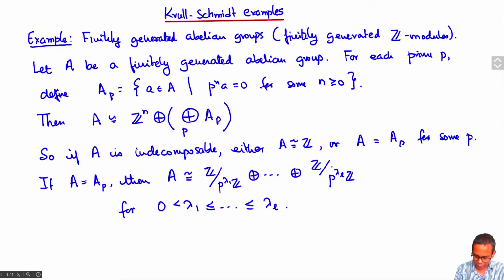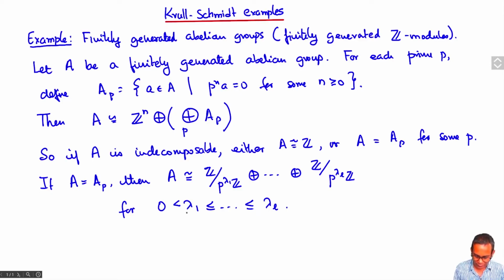Now, in this decomposition, the uniqueness of these integers lambda 1, lambda 2, lambda L can also be viewed as a consequence of the Krull-Schmidt theorem. We've already seen that every indecomposable finite abelian group is in fact of the form Z mod some prime power, and this is exactly a Krull-Schmidt kind of decomposition.